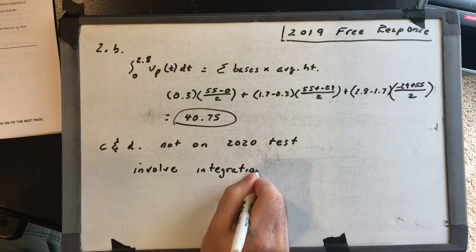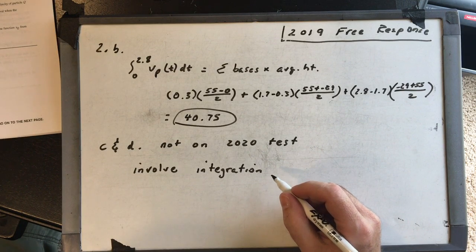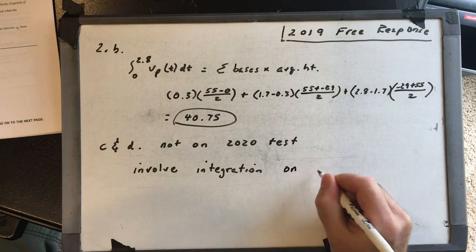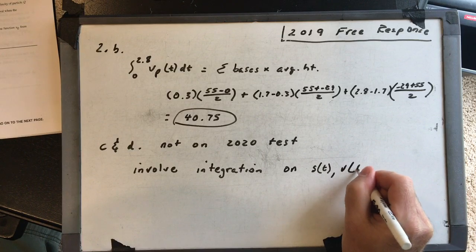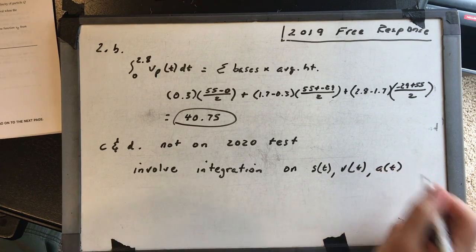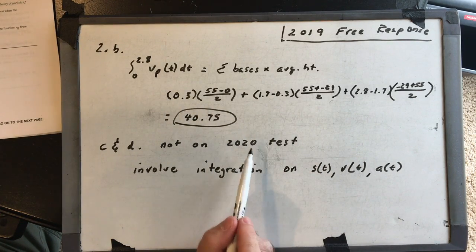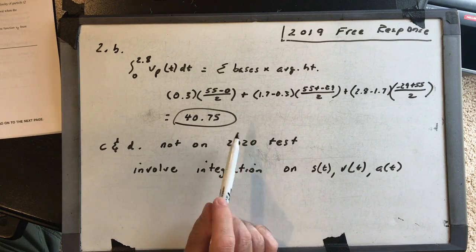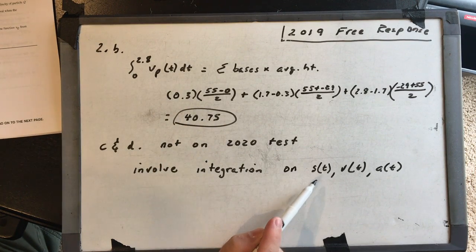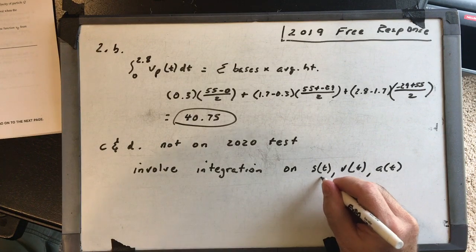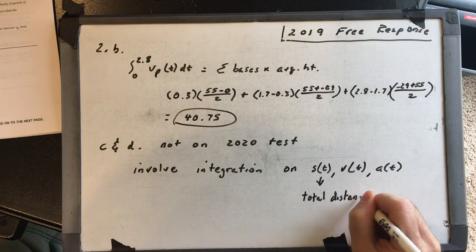You should not have to do integration on a position, velocity, acceleration problem, unless it's this kind of thing where you're doing Riemann sums or trapezoidal sums, or a mean value theorem kind of thing, like we did in A and B. You shouldn't have to get a total distance, because that would be integrating, or find the position.